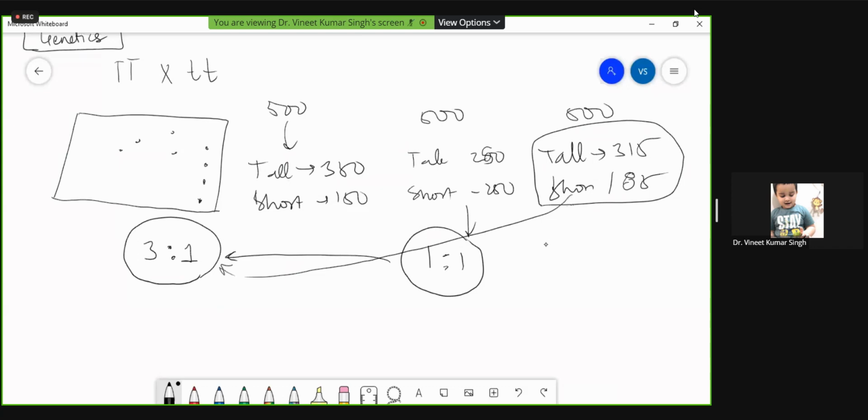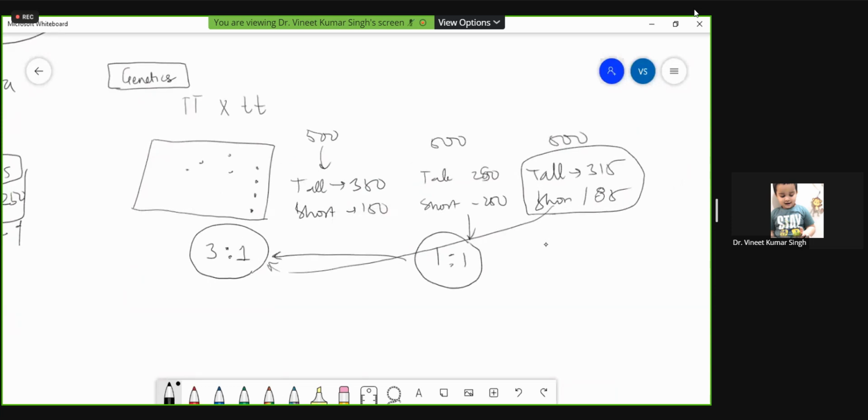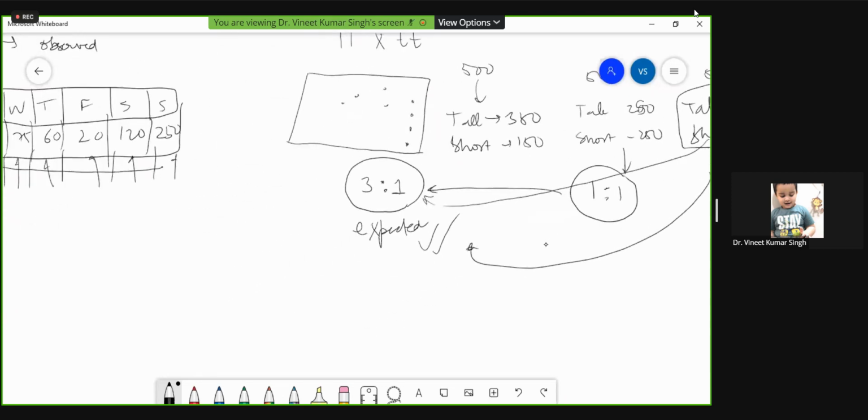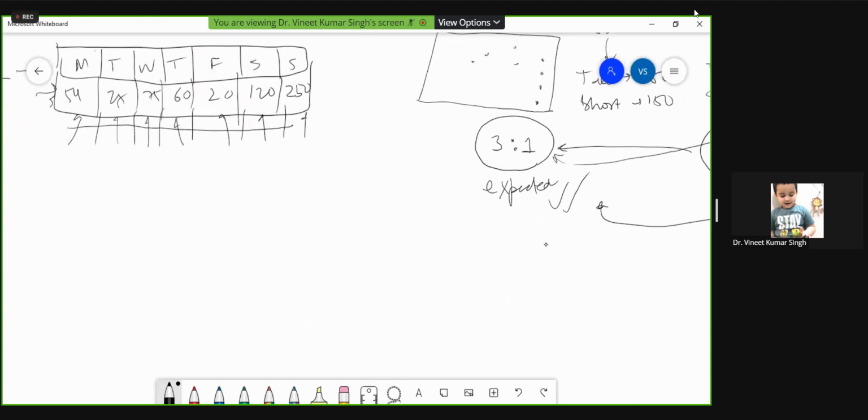So which test do we use? So this is the expected value. What will be expected? Mendel ratio. And observed is this one. Expected should have been 3:1, but observed is this one. Does this value significantly differ from the expected value? This can be studied by using a chi-square test.